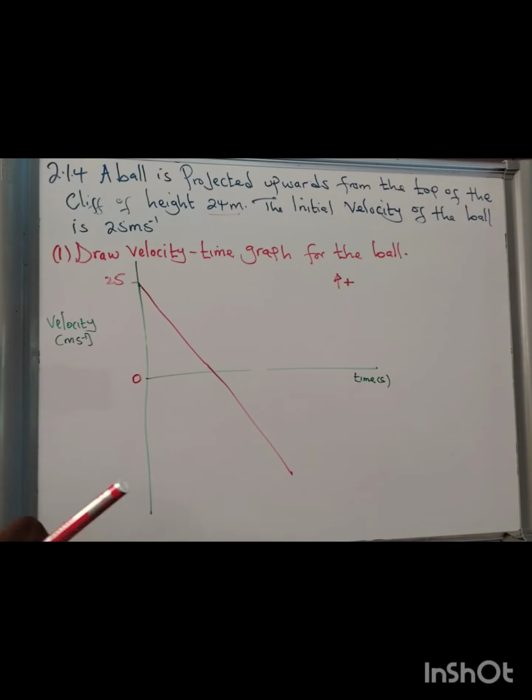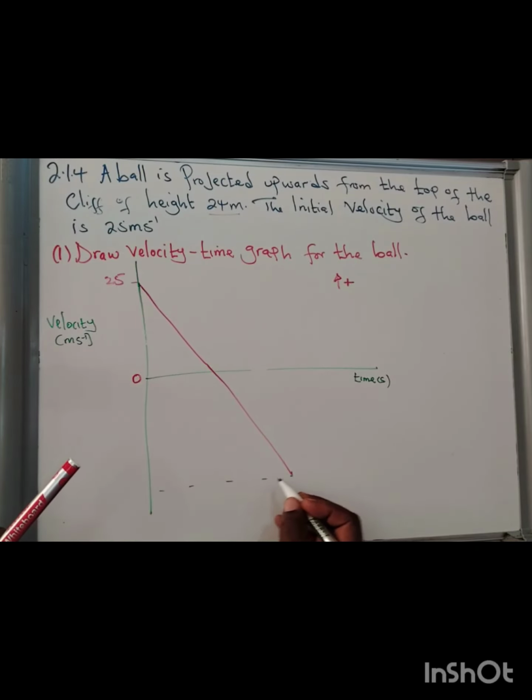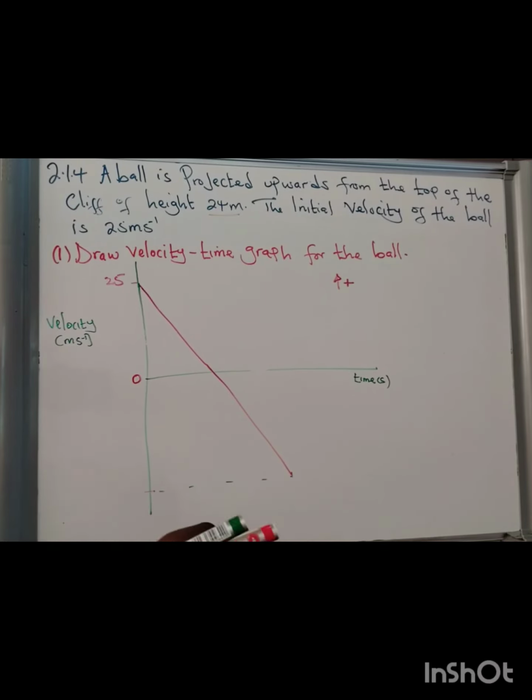Okay? Then what we have here is the velocity at which the ball strikes the ground. And we have the velocity as 33.10, also in meters per second.